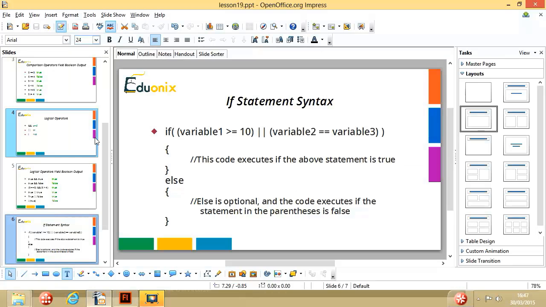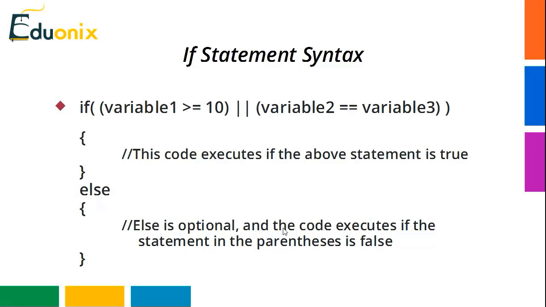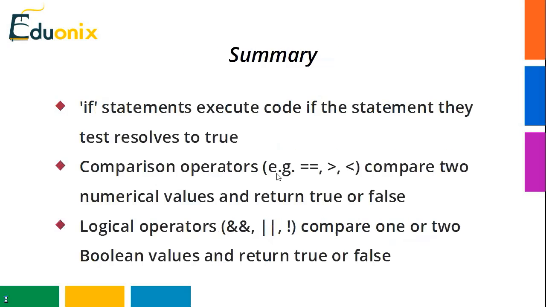But I think we've seen enough of the code for the moment. You can look at it later on your own and test things out. But in summary, if statements execute code if the statement they test resolves to true, and we create a statement using a combination of comparison operators, such as the double equals, the greater than, the less than.